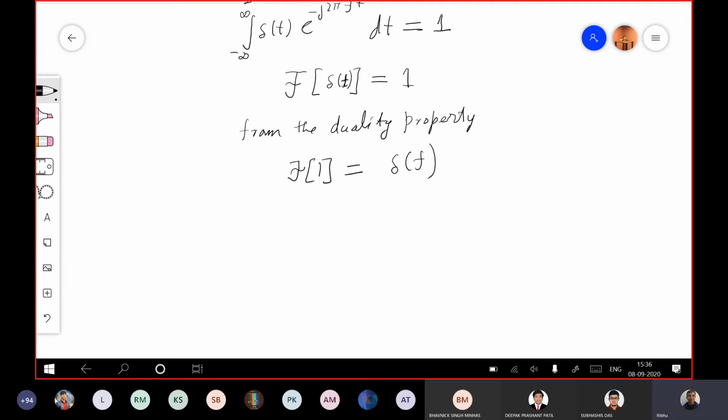Now again, let's invoke the frequency shift property.